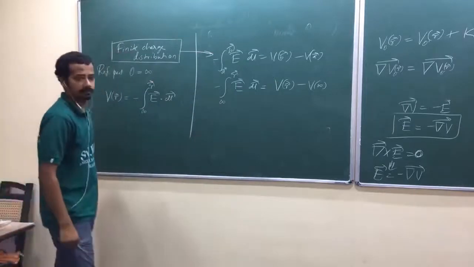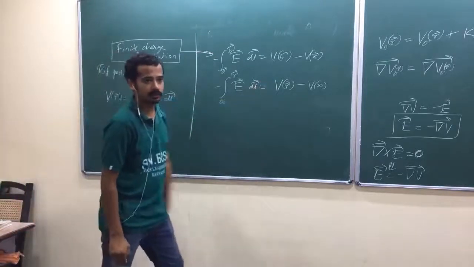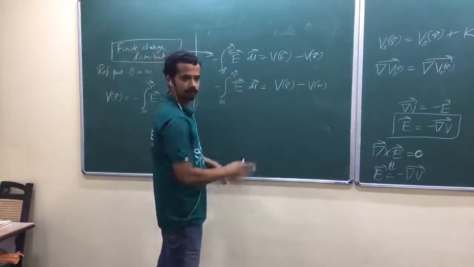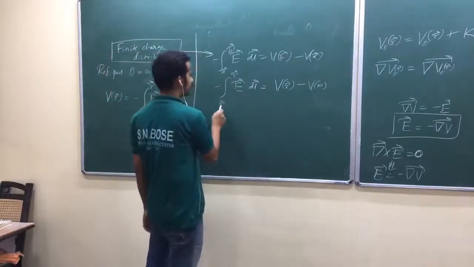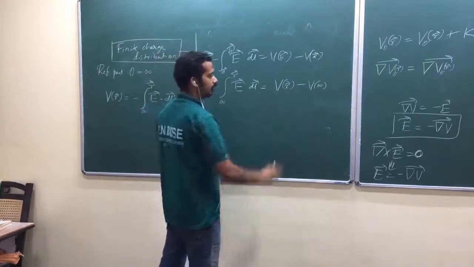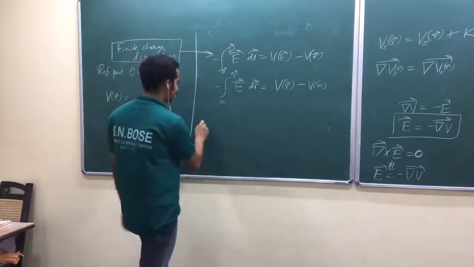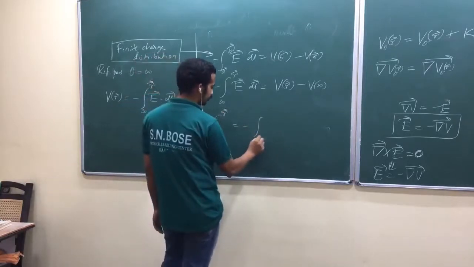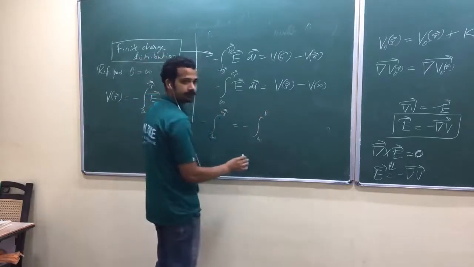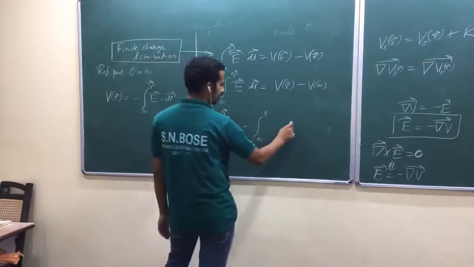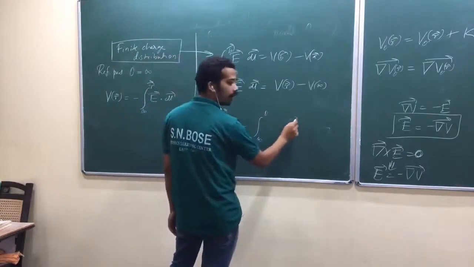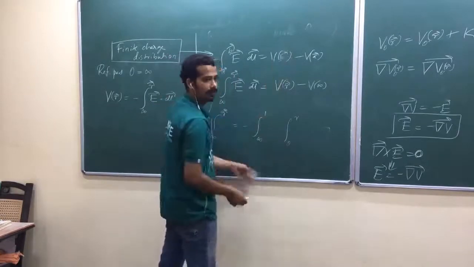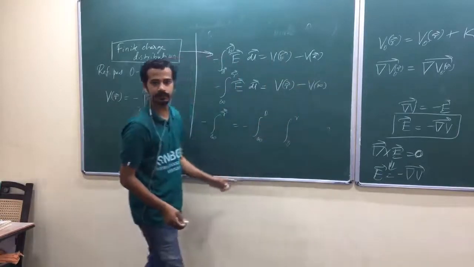Just see the formalism. I can write this one like this, by choosing some reference point: infinity to r, V of r minus V of infinity. Or I can convert that integral into infinity to reference point, and then reference point to r. I think I can take the negative sign inside, the reverse way, whatever I have derived for potential difference.